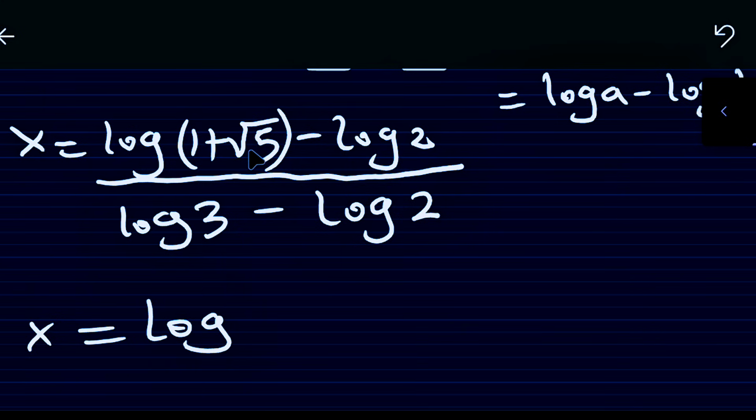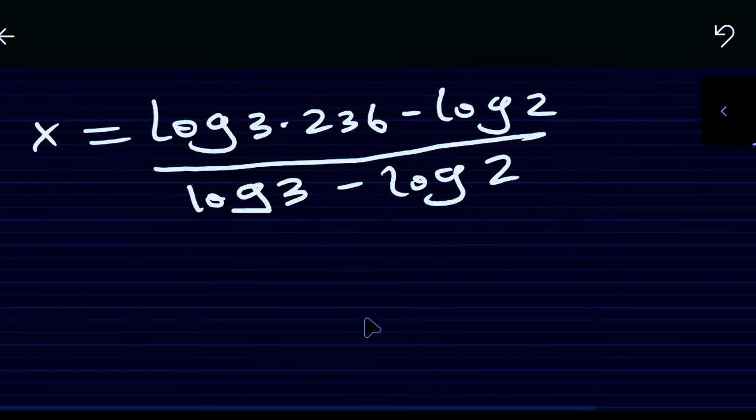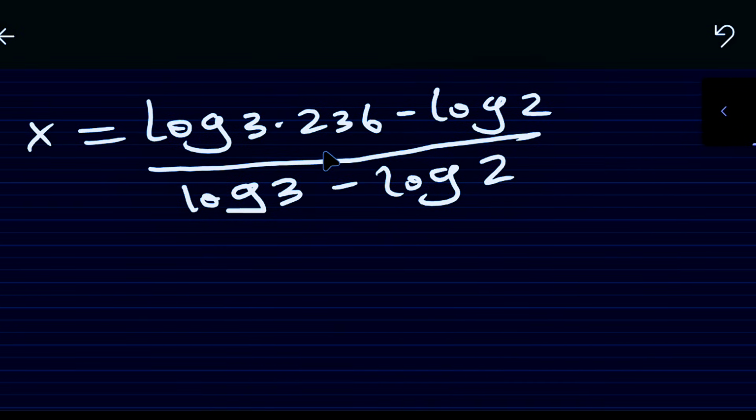So from here we are going to have that x will be equal to log of... now 1 plus square root of 5 will give us 3.236, minus log 2. Then we'll divide everything by log 3 minus log 2. Let's get the values of all these logs.